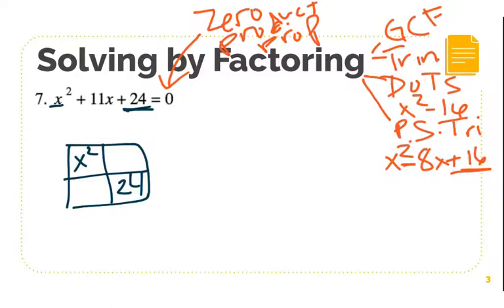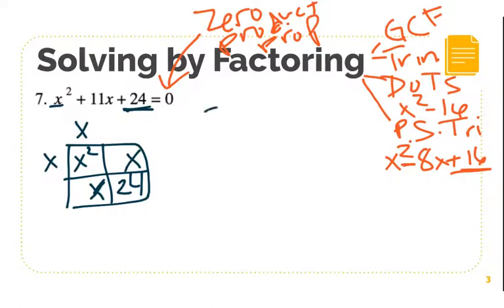All right, and then these two middle ones have got to either add or subtract to 11x, right? That middle term. So that's really where I'm going to play around with the factors. Do they combine to positive 11x? All right, so here I've got x times x.